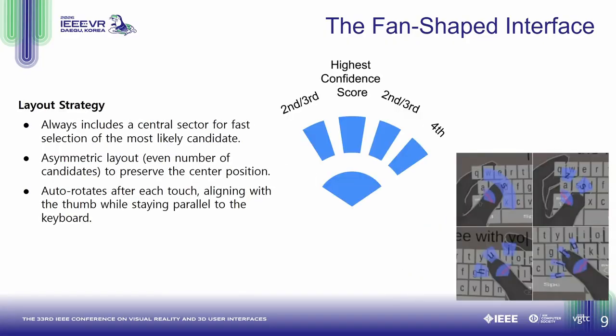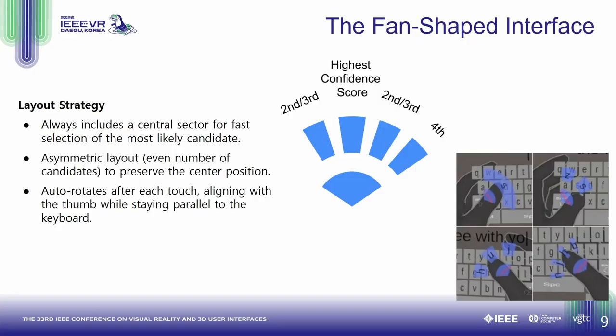In addition, our layout strategies are: we always include a central sector for fast selection of the most likely candidate, and I will explain what the most likely candidate is later. And we apply an asymmetric layout when there is an even number of candidates to preserve the center position.